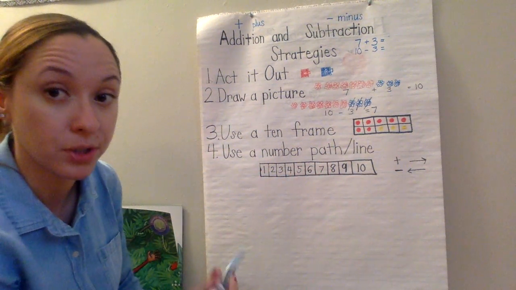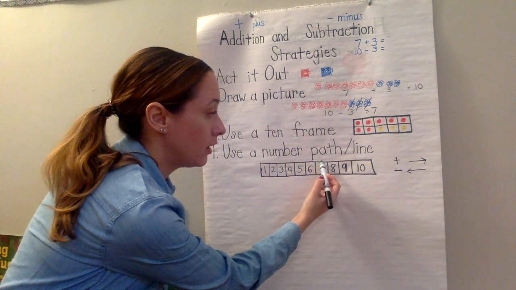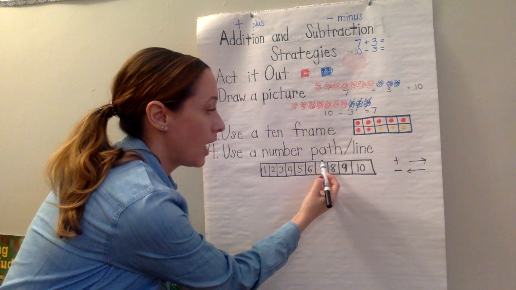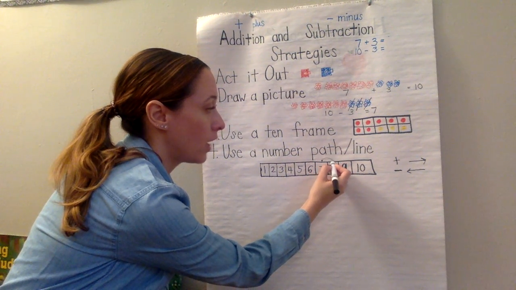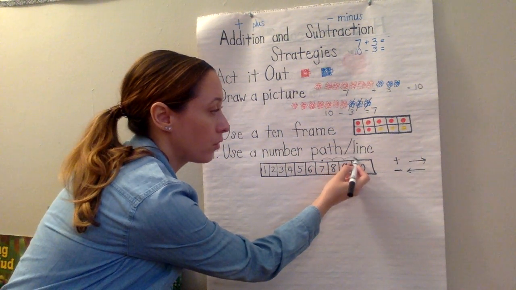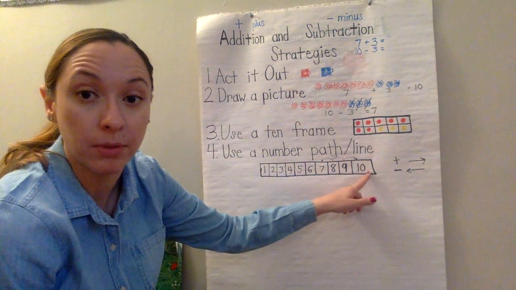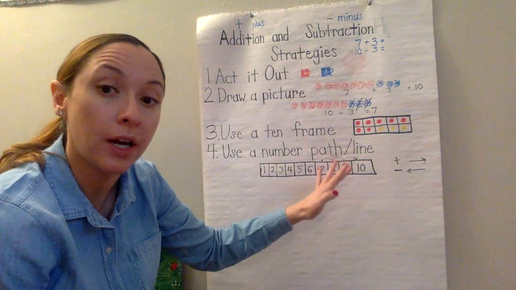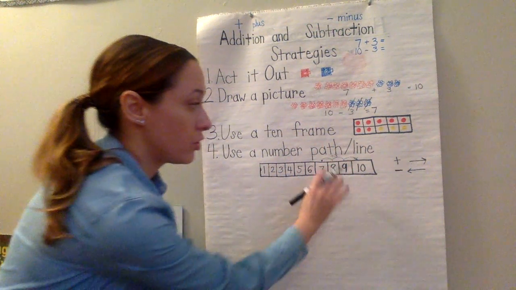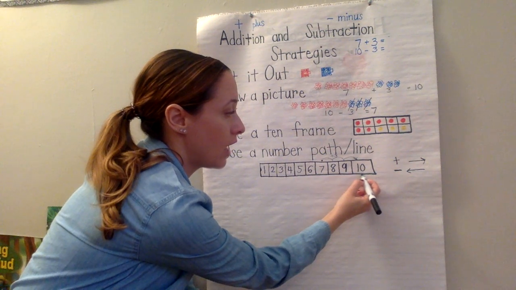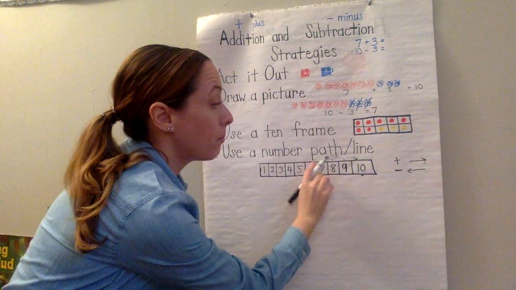So for example, if we're doing 7 plus 3, we would start here on the 7, and I want to jump 3 steps. 1, 2, 3, and this is where I would land on number 10, okay? But if we are going backwards or we are subtracting, I would start with 10, and then I'm going to go backwards 3.